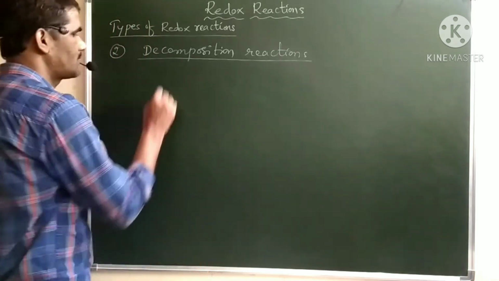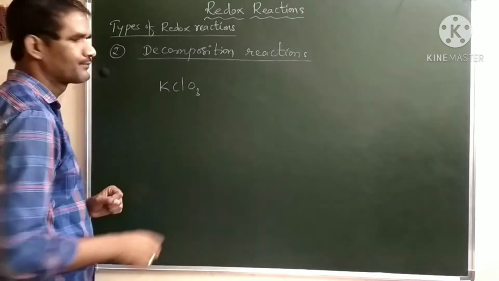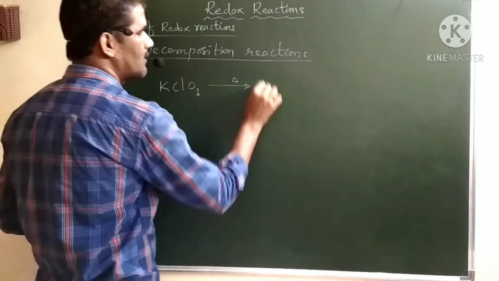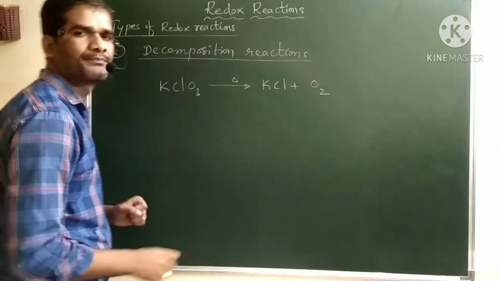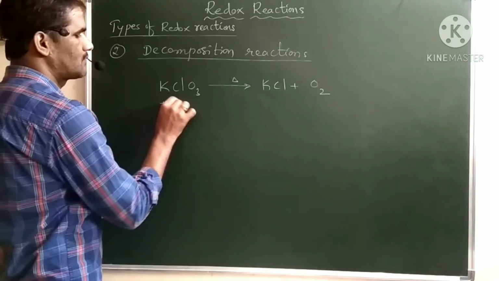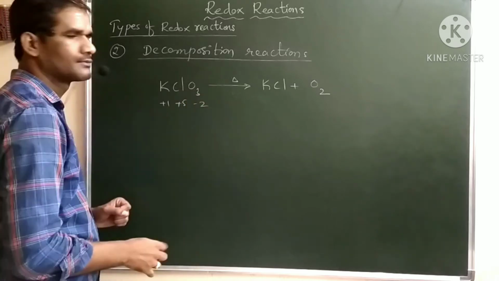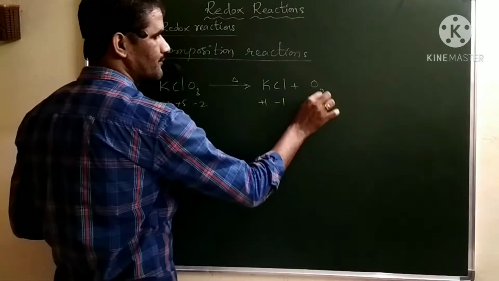Here, the best example we can take is potassium chlorate. If we heat it, it undergoes decomposition and forms potassium chloride plus oxygen. In this case, if we check, potassium is plus 1, chlorine plus 5, oxygen minus 2. In the products, potassium plus 1, chlorine minus 1, oxygen 0.